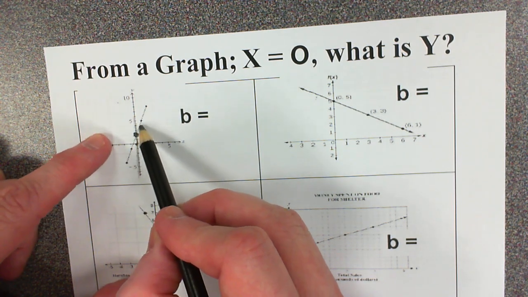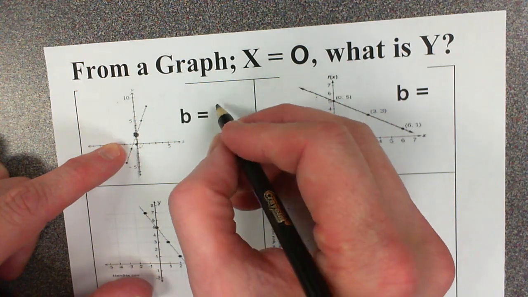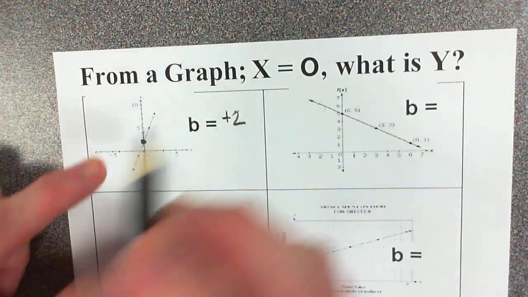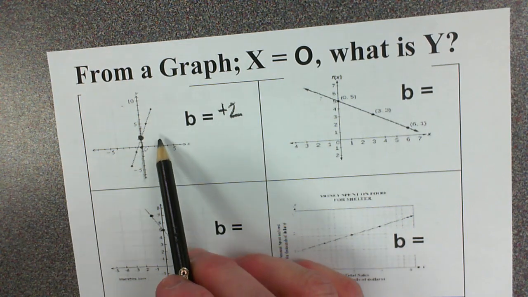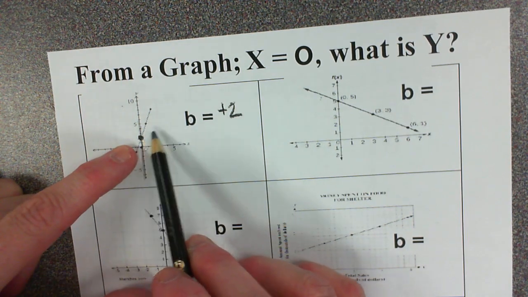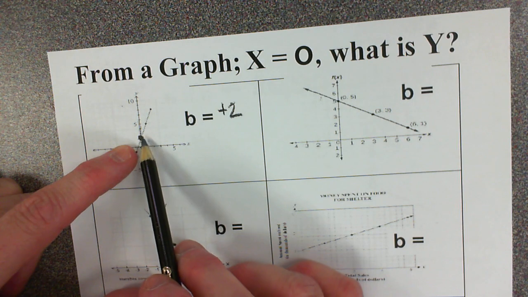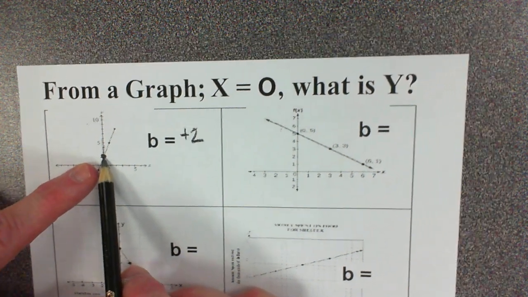This line passes through the y-axis at positive 2. Again, no math here. I just need to know that the starting point, this b, is the y-intercept, and that's where the line crosses the y-axis. In this case, it's a positive 2.